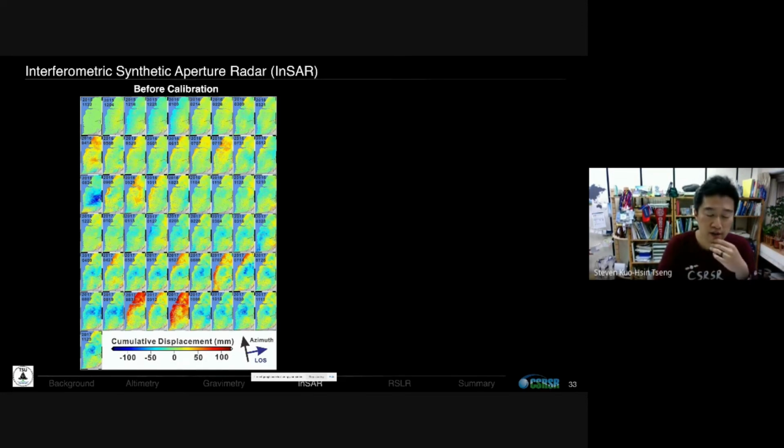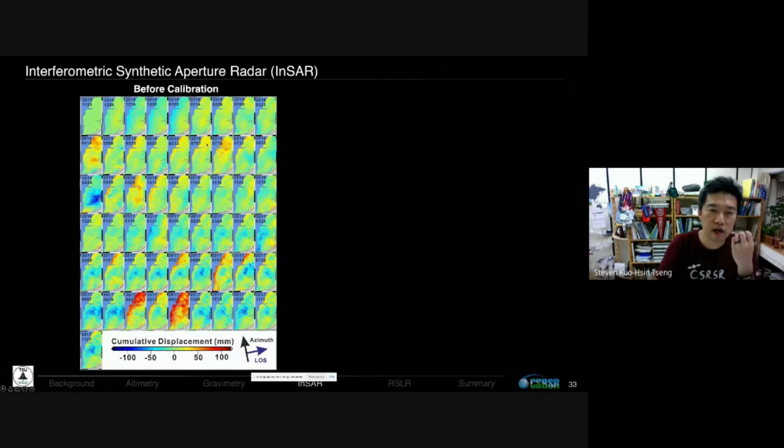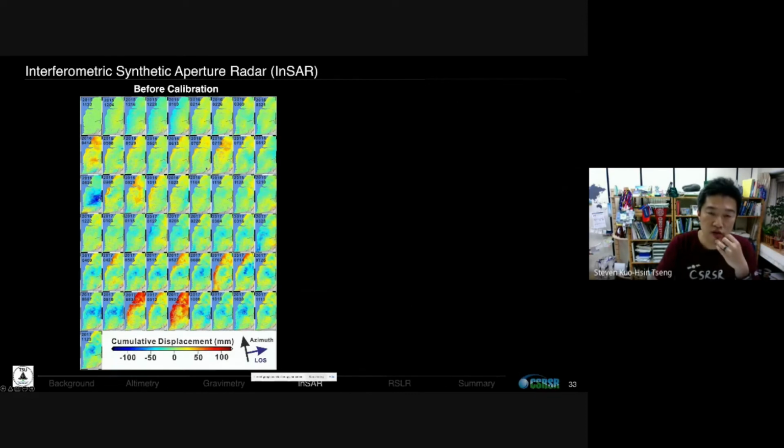This is what I call before calibration. It means that the InSAR raw result will give you some weird signals, because some uplifting part never exists in this area. However, it will be in the result or in your figure.